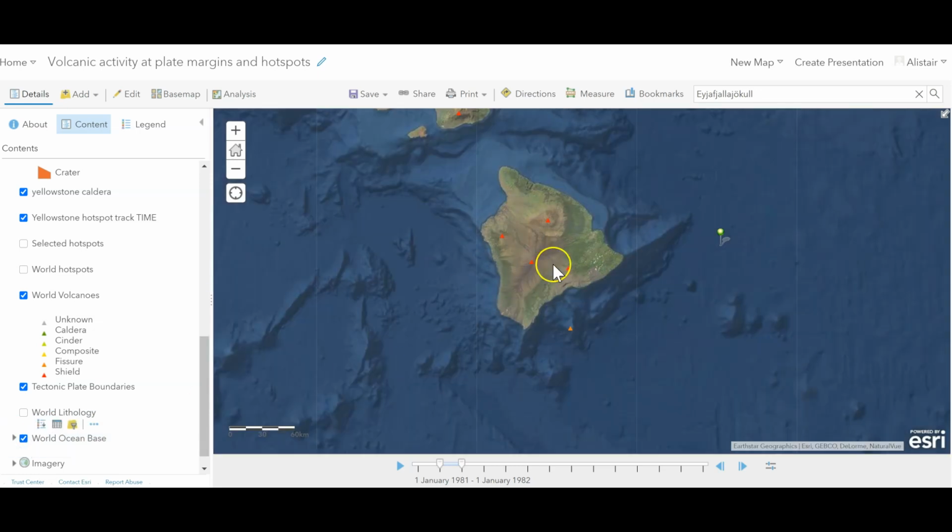But if I turn on this, it maybe makes this a little bit clearer for you. It depends really on where you measure this from, because as you can see, this has built up from the ocean floor, and you can see that this mountain goes all the way down to the ocean floor. So if you measure the height not just from sea level to the top, but from the ocean floor to the top, you get a height actually of 10.2 kilometers.